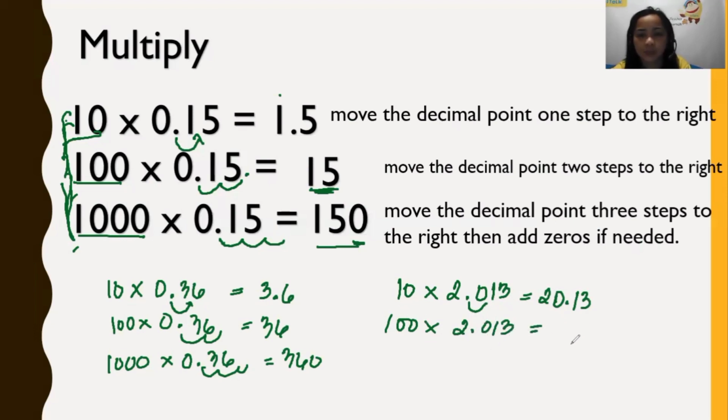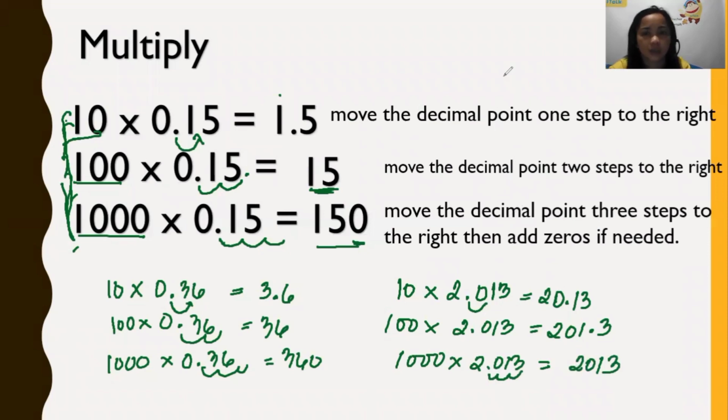We just move 2 places. We have 201 and 3 tenths. Then we have 1000 times 2 and 13 thousandths. Move the decimal point 3 places: 1, 2, 3. We have 2013. So that is our example.